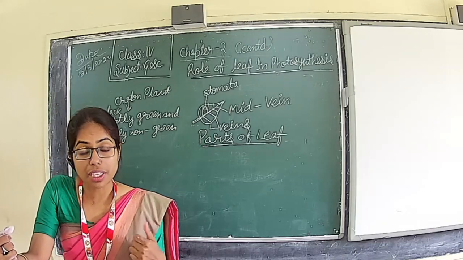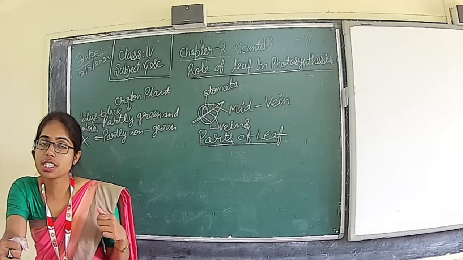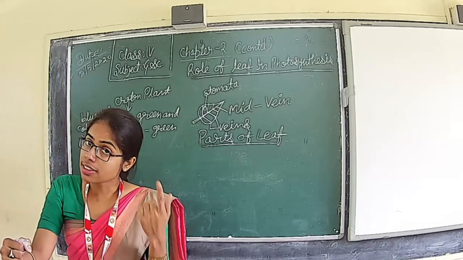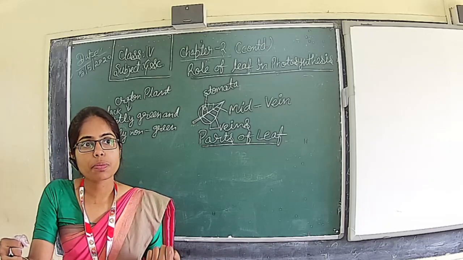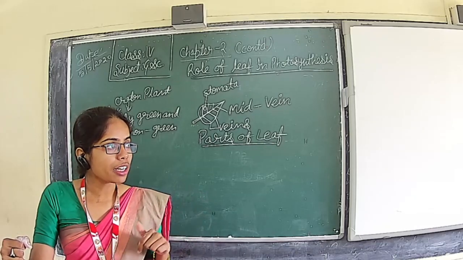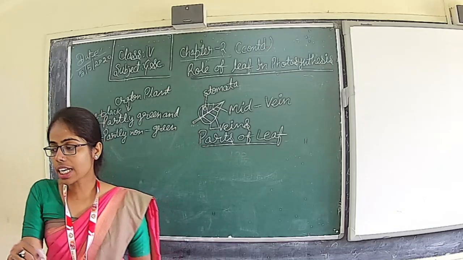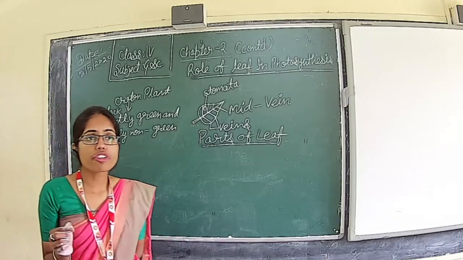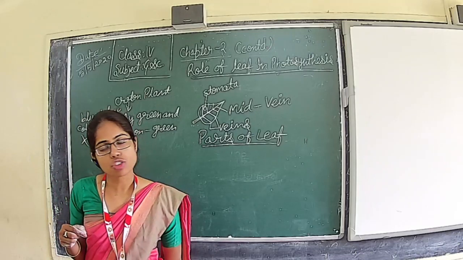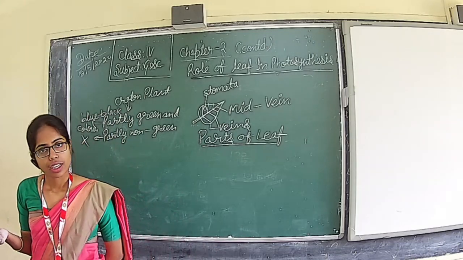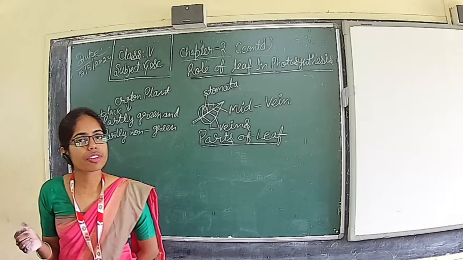Means in the green portion, photosynthesis is carried out and it has made food, but the other part has not made food. This clearly shows that chlorophyll is necessary for the process of photosynthesis. Clear? Clear to everyone? Yes.